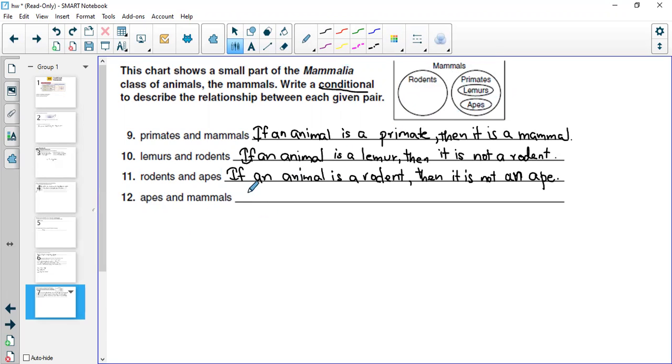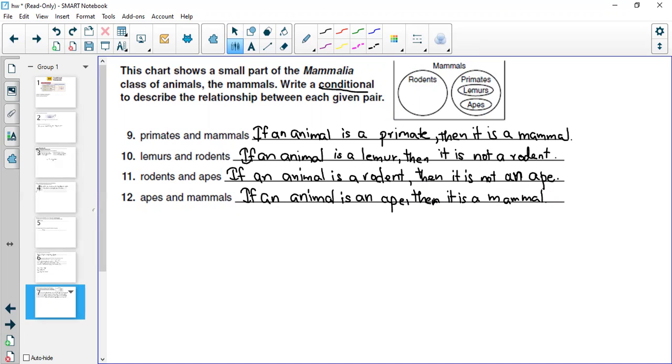You start with: if an animal is an ape, then it is a mammal. Because if it's an ape, definitely it's a mammal. Even a rodent is a mammal, but a rodent cannot be an ape and a lemur cannot be an ape.